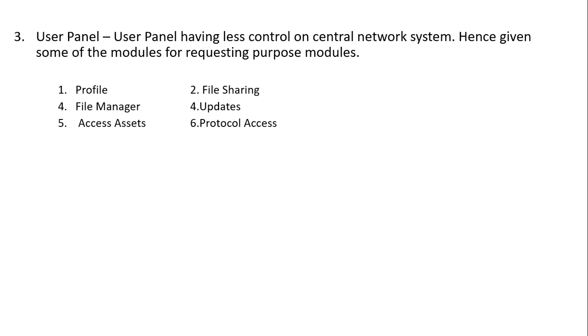Updates: if there are any updates from management for asset devices. Access asset: in this module, users are allowed to send a request for temporary usage of other devices. Protocol access: if he wants to access outer resources.